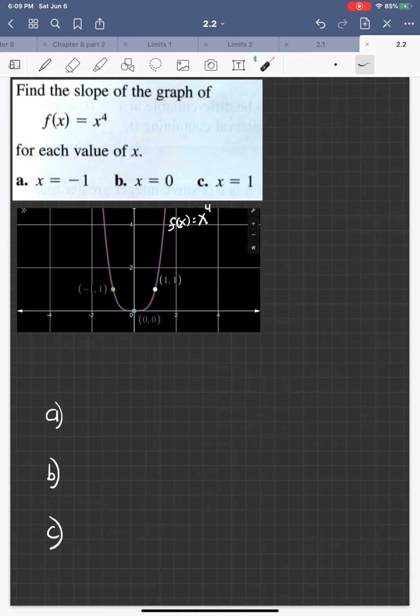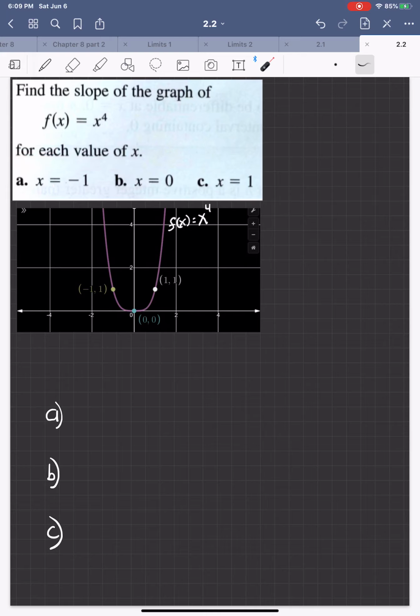So let's read. It says, find the slope of the graph of f of x is equal to x to the power of 4. I've gone ahead and presented the graph of x to the power of 4. And then it asks us for each of the following x values.